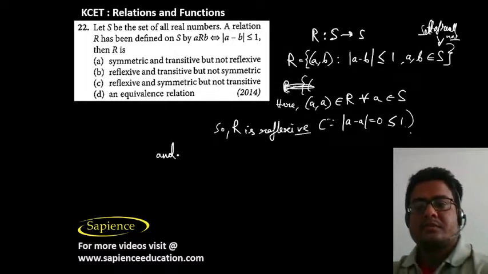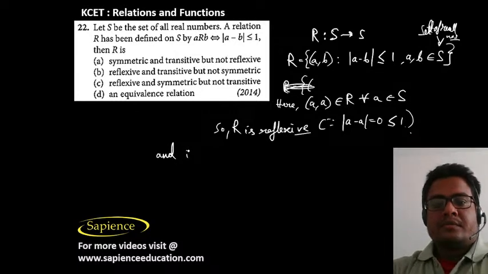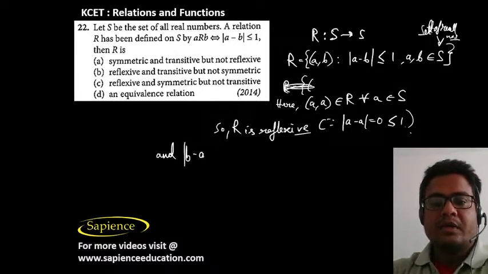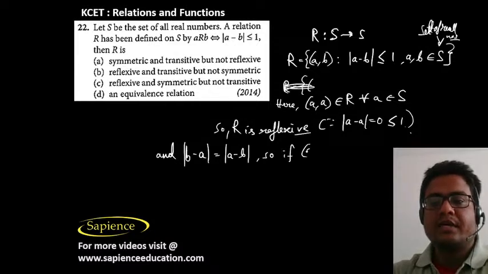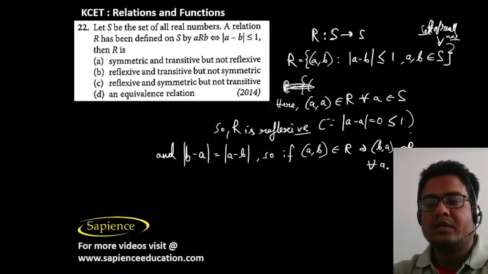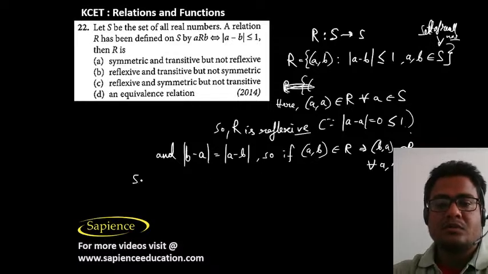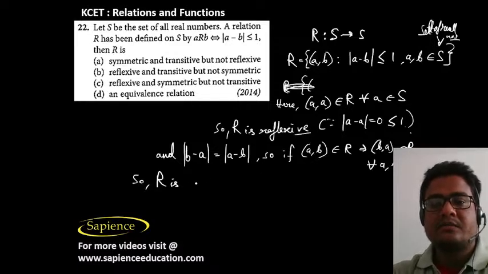And then we know that absolute value of B minus A is equal to absolute value of A minus B. So I can say that if A comma B belongs to the relation R, then B comma A will also belong to the relation R, for all A comma B belongs to the set S. So I can say that R is symmetric.